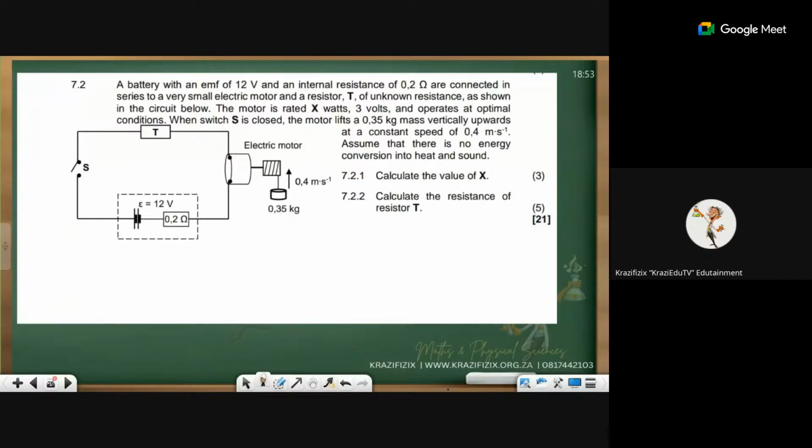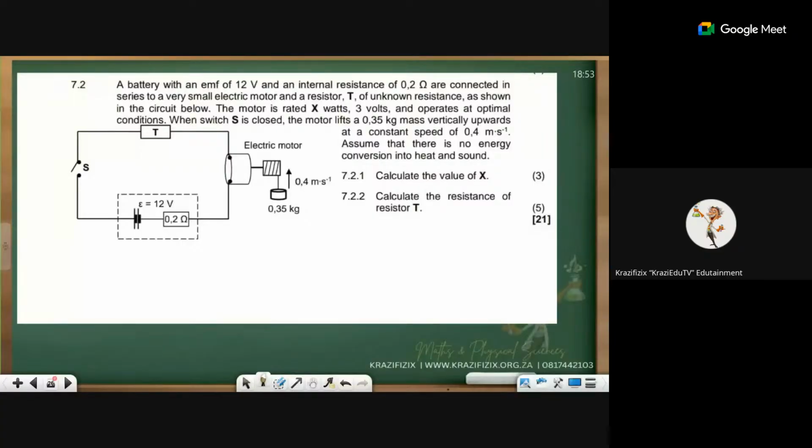All right. A battery with an EMF of 12 and internal resistance of 0,2 is connected in series with a very small electric motor. Now, the idea is not that we've done it, it's how do you approach it? That is more important to me than just solving, because you will be the one solving. Okay.